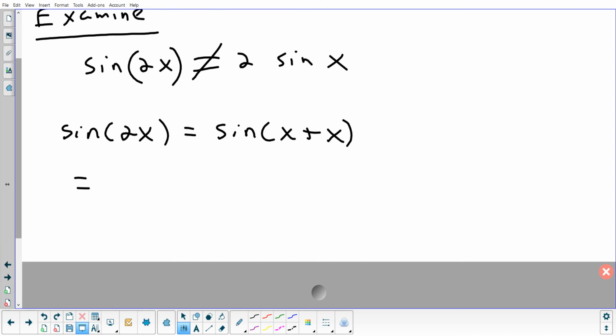So just cosine. Cosine plus sine. That's when you have a cosine, one of the cosine identities. This one's a sine identity.